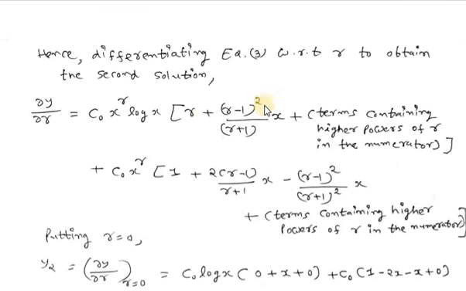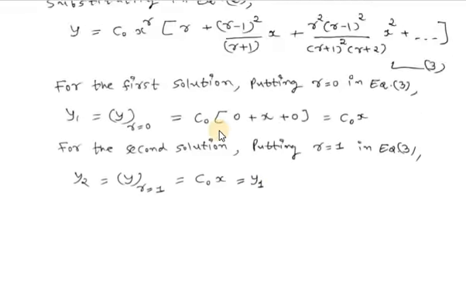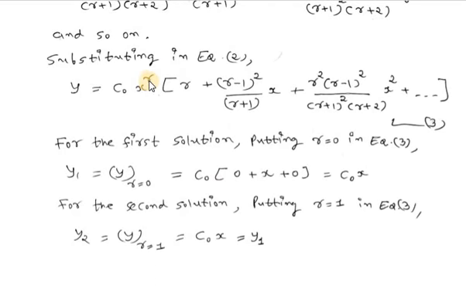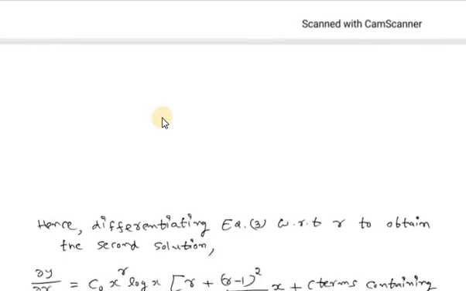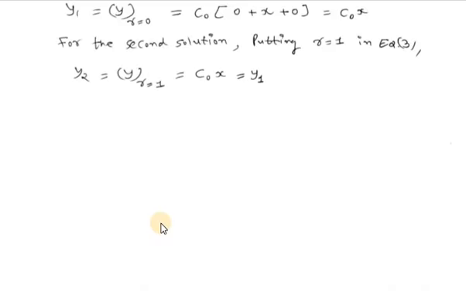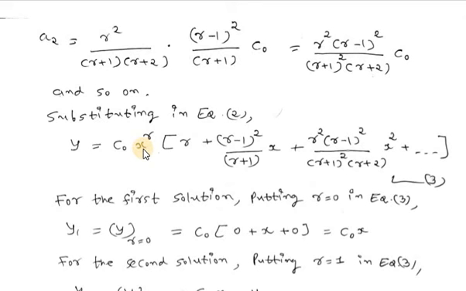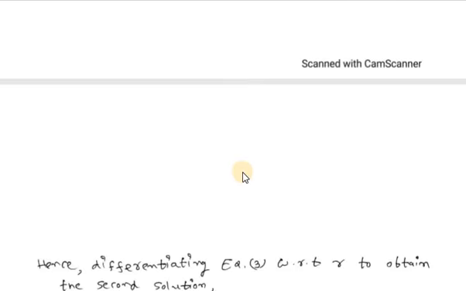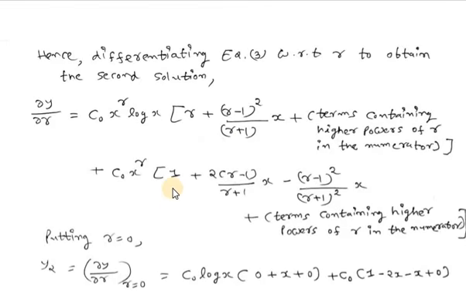Then c0 as it is, and the partial derivative of x raised to r with respect to r will be x raised to r into log x, applying the formula of the derivative of a raised to x, that is a raised to x into log a. Then c0 x raised to r will be as it is. Now we have to differentiate this expression. So the derivative of r is 1, okay.